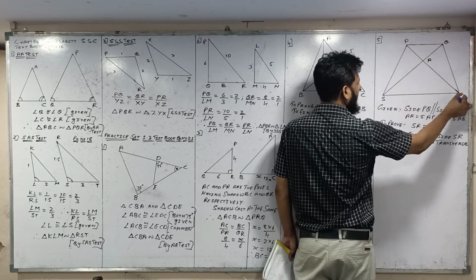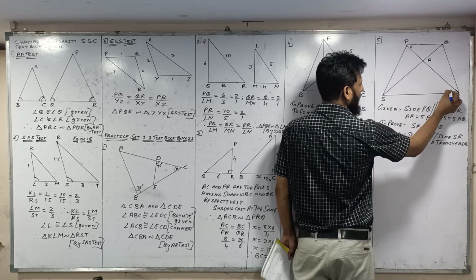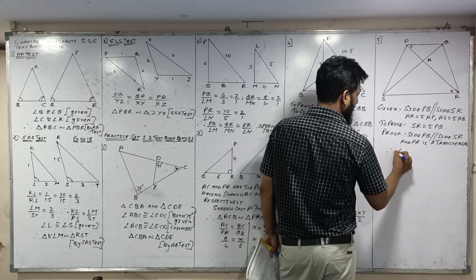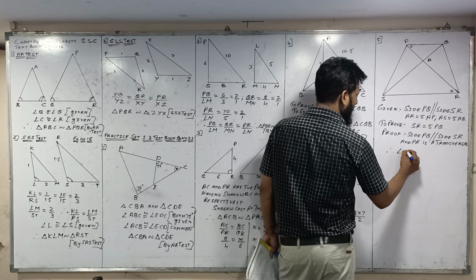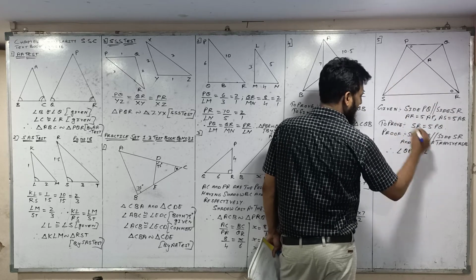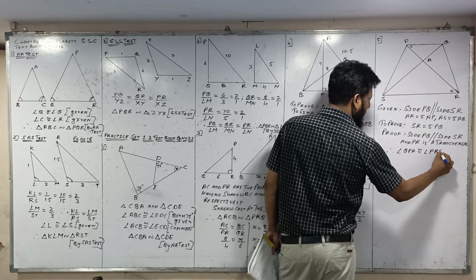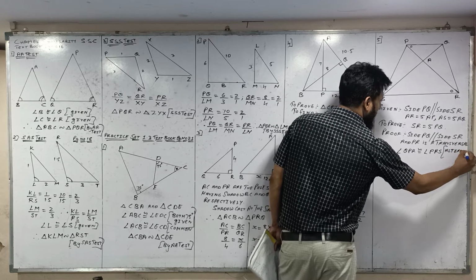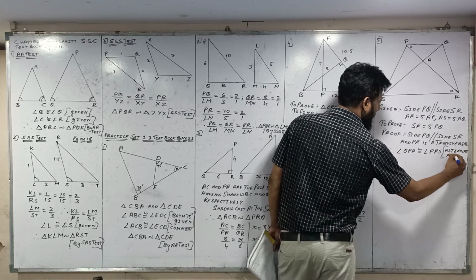So it forms a Z. So this angle is congruent to this angle by alternate angles. Therefore angle QPR is congruent to angle PRS, alternate angles.